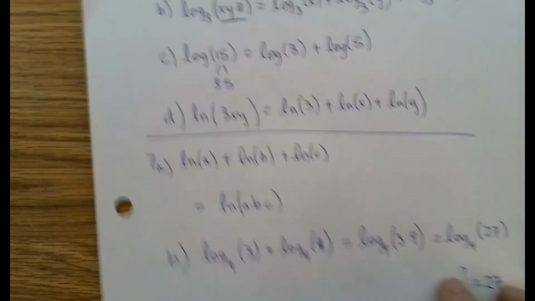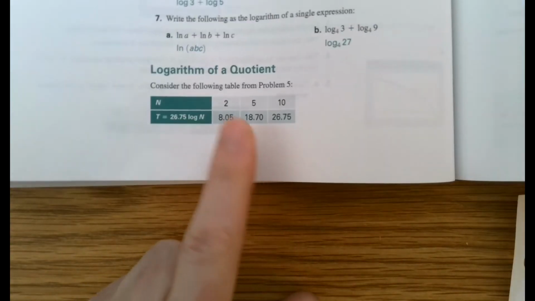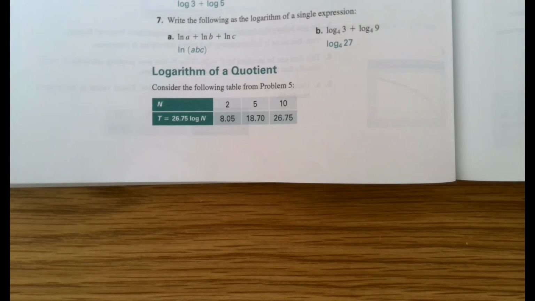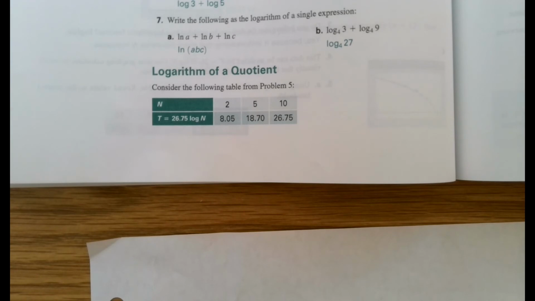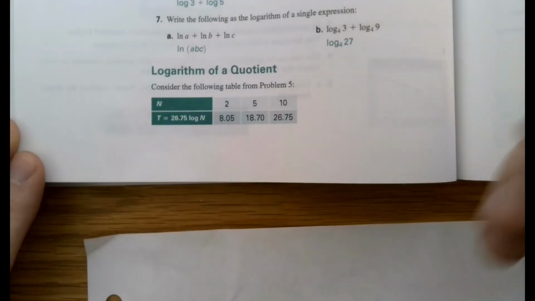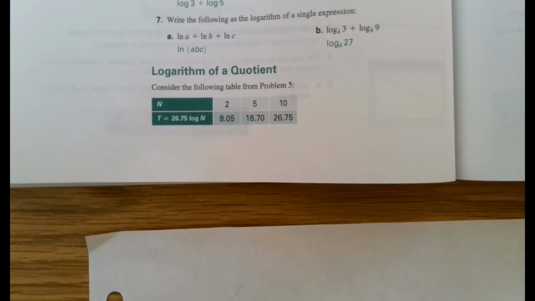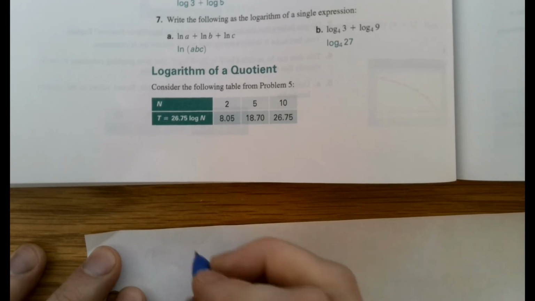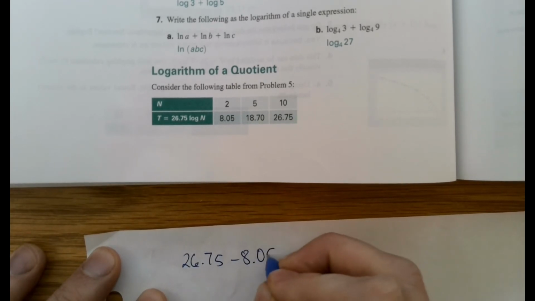Okay, now we're going to switch gears. So let's go back to our data. Remember, we had 2 and 5 and 10, and these were the logarithms of each of those. So our textbook is going to say, hey, notice something about these. We're going to try to figure out what's up with a quotient. So let's try this. What is 26.75 minus 8.05?